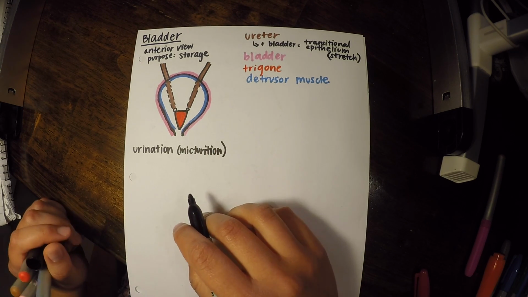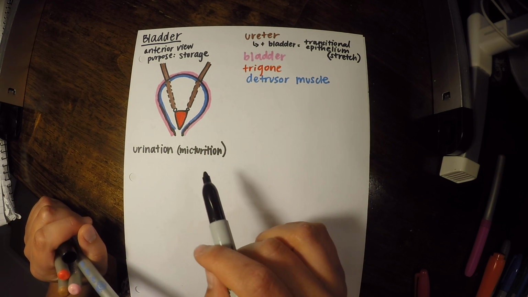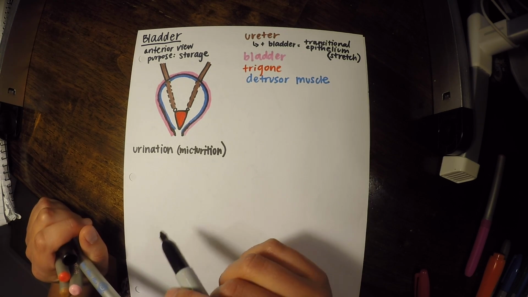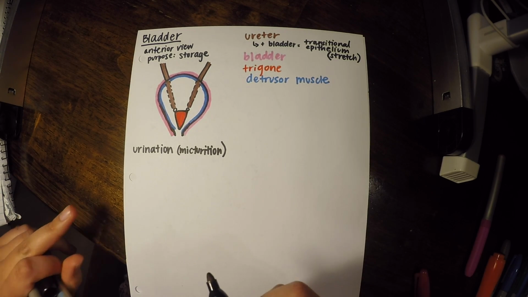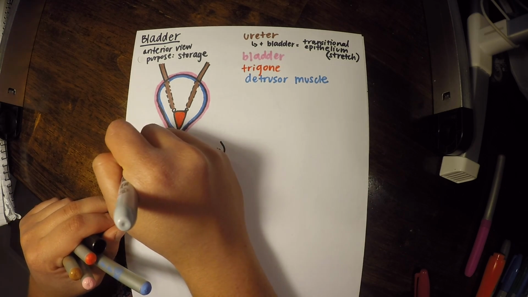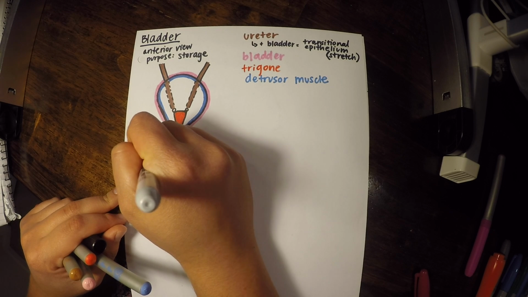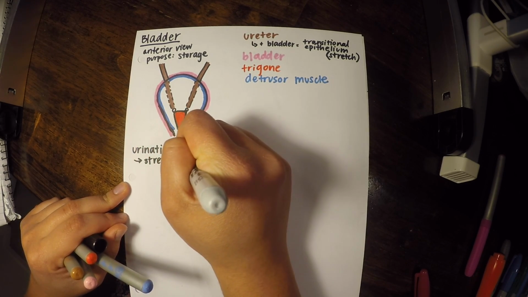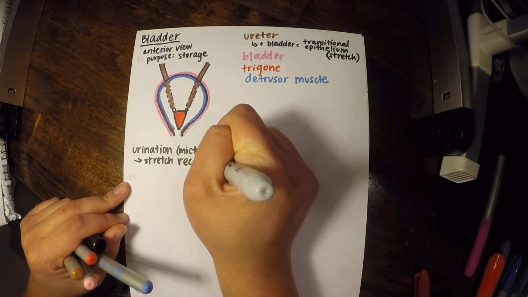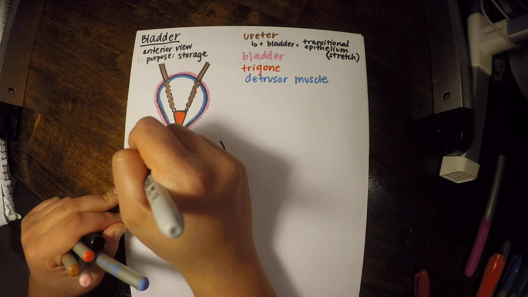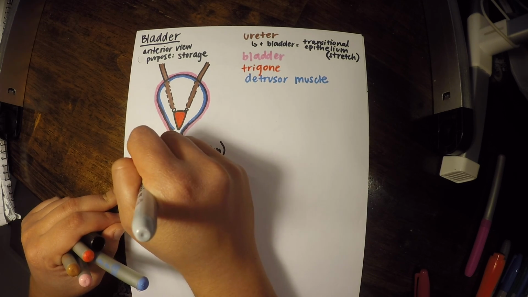So in case you ever have a patient in the future who talks about frequent micturition, that is how they describe urinary frequency. So for urination, first you're going to have stretch receptors that sense stretch. Then your detrusor muscle is going to contract.